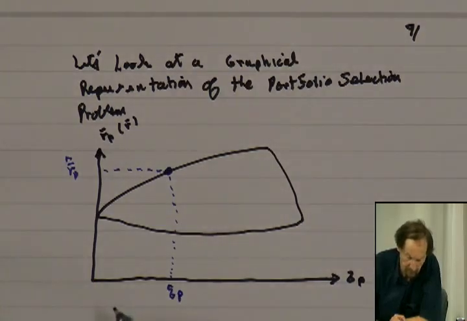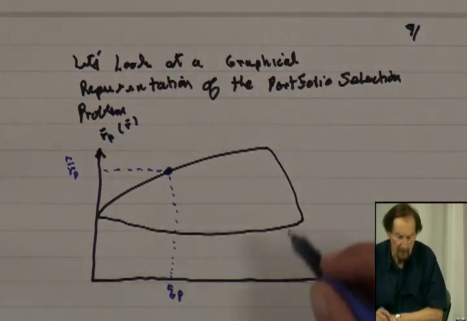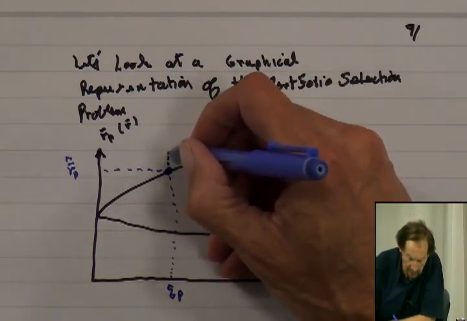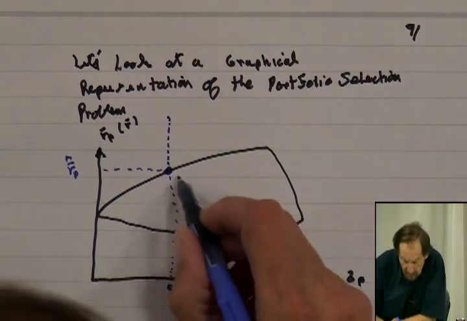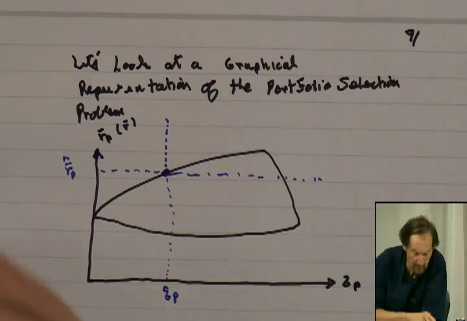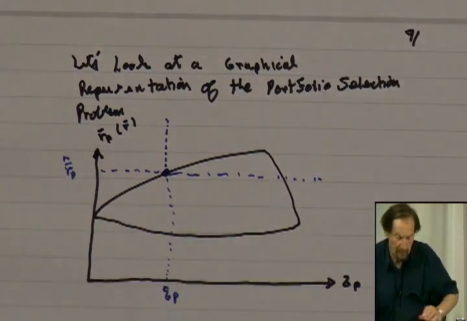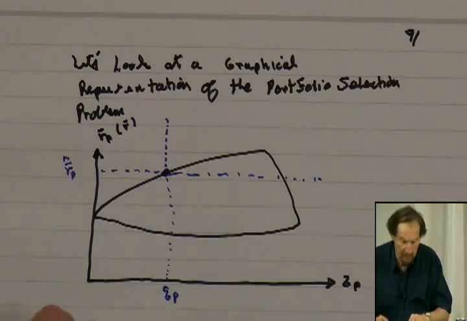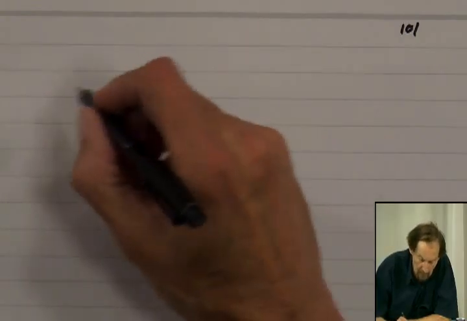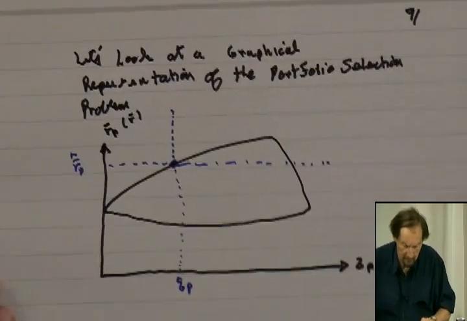Okay. Now what happens here? Let's extend this line up and extend this line this way. Now what do we see about this point here? Let me do something else here first.